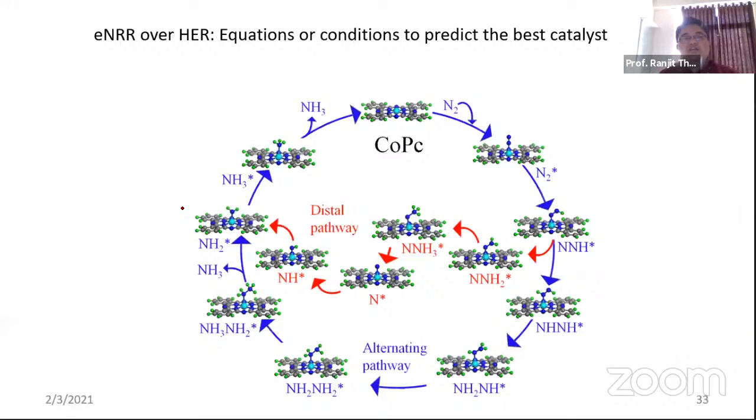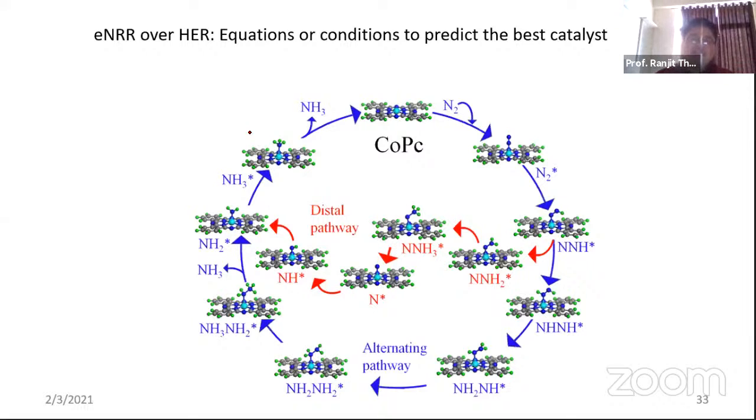So this is almost the last slide. Here it is very interesting, because we have currently understood that NRR is a big problem. The HB process was used to break the nitrogen bond and react with hydrogen to make ammonia.